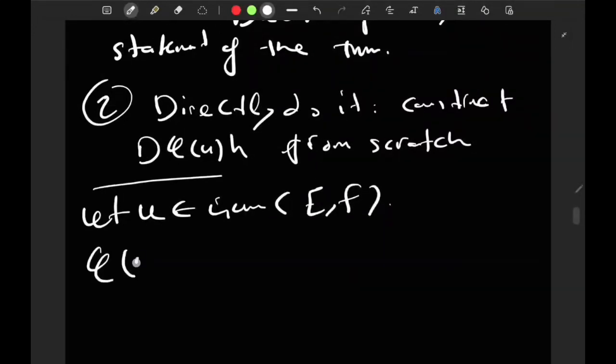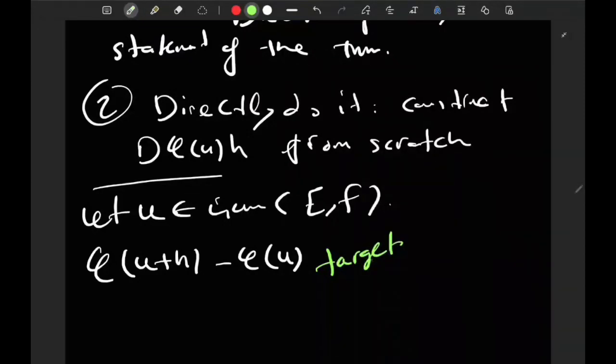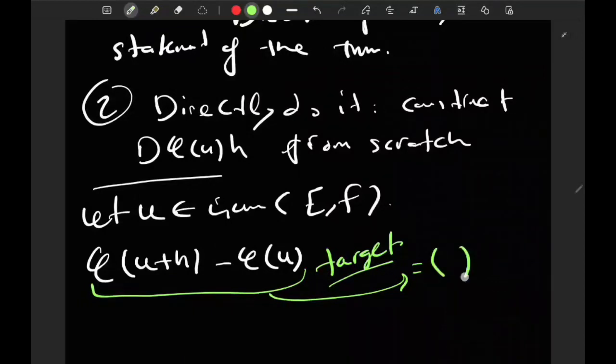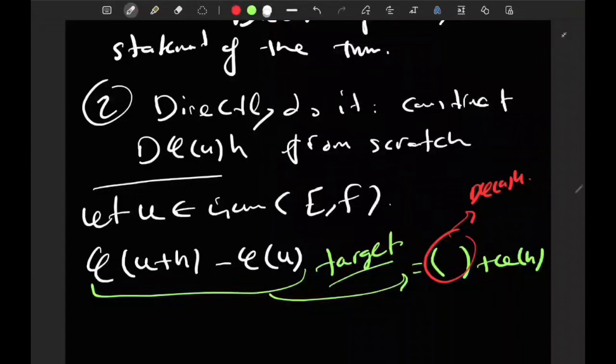So let's look at φ(u+h) − φ(u). Our target is to find something in h, plus little o of h, and this something will be the linear map dφ(u) at h.